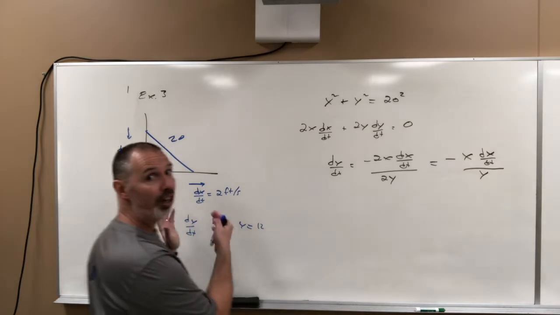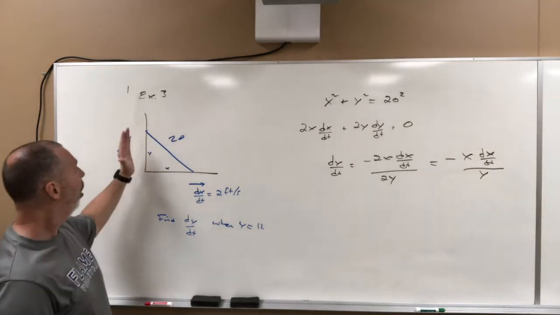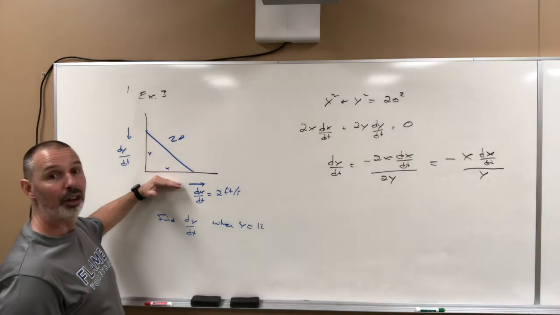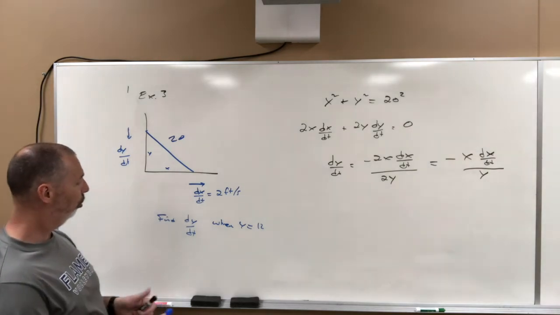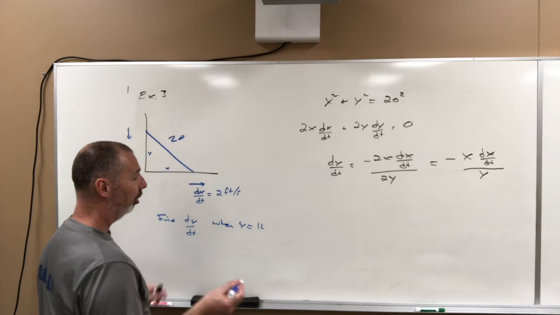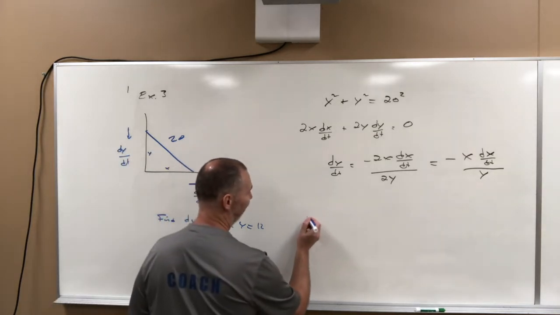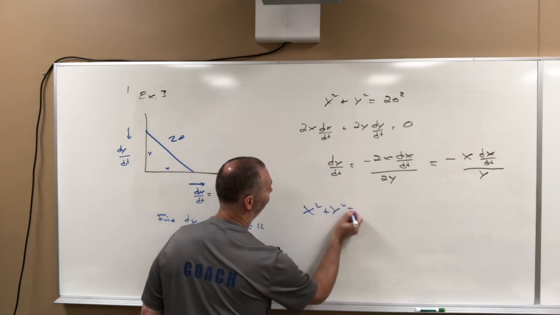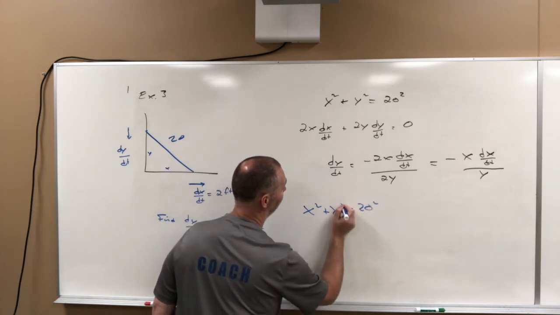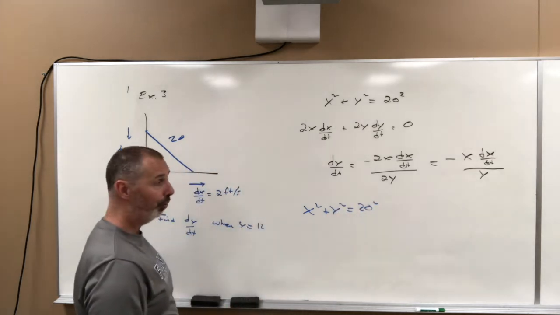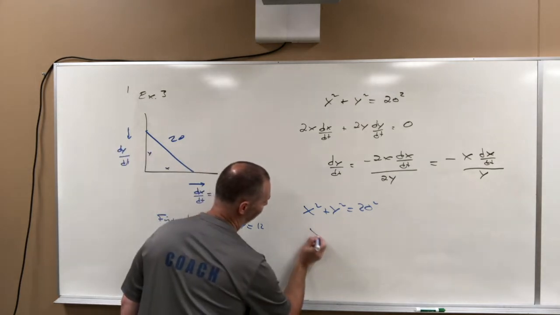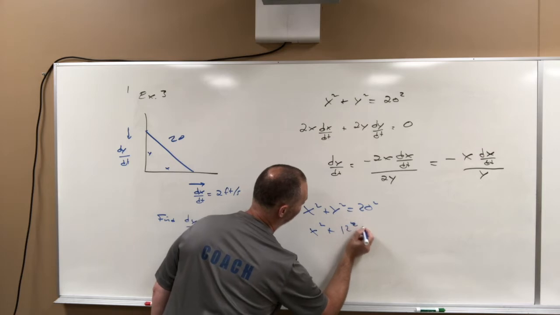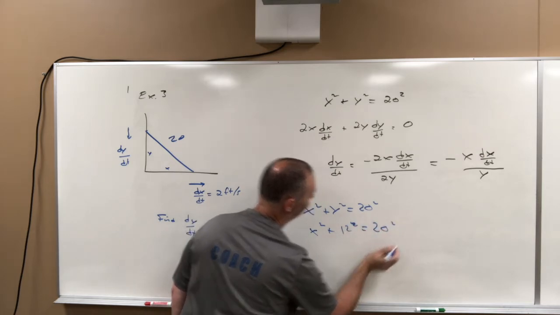Because, again, we have a right triangle. When y equals 12, x equals a particular value. To do that, we're just going to do a quick calculation as an aside. We're going to go back to our formula and put 12 in, and we're going to solve for x. So x squared plus 12 squared equals 20 squared.